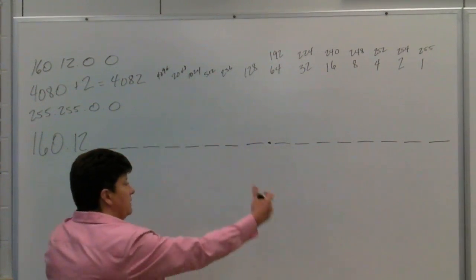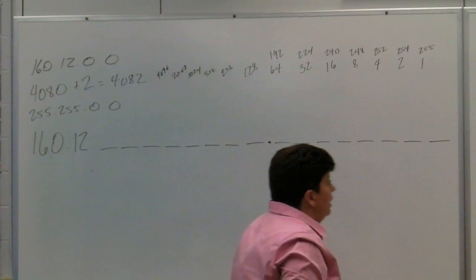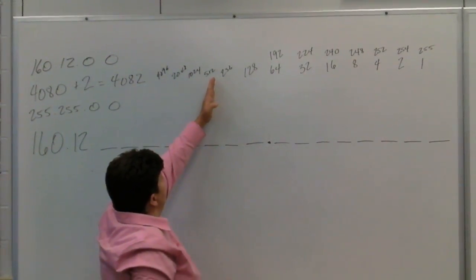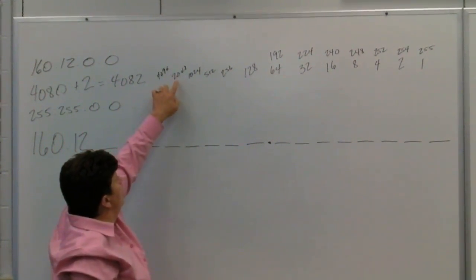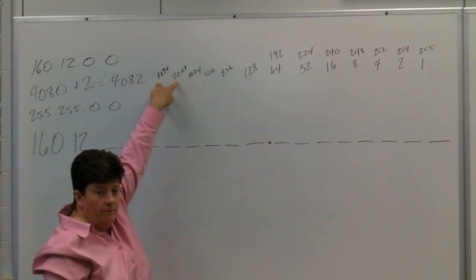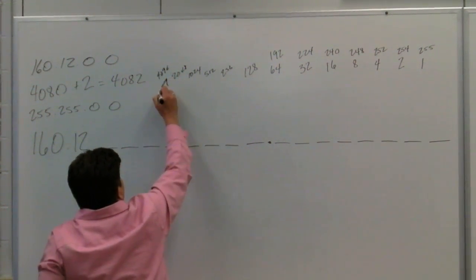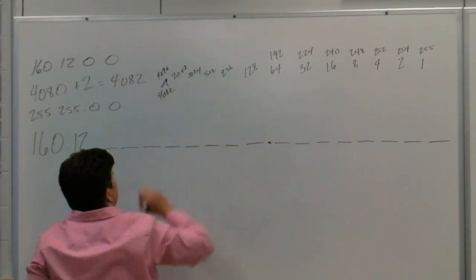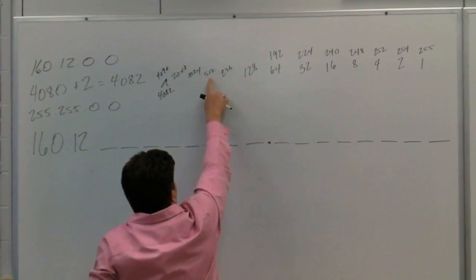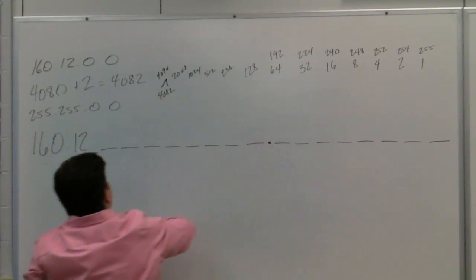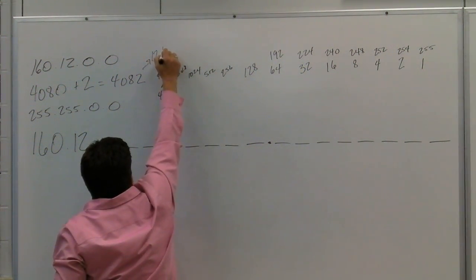If this were like some game show, and I was like, okay, here we go, we're cruising along, tell me when to stop when I am in between the two numbers where this falls. And it's here, right between 2048 and 4096. That's going to be your dividing line. So it's going to be here. That's where 4,082 belongs. How many bits is that? This is 8, 9, 10, 11, 12. So this is 12 bits.